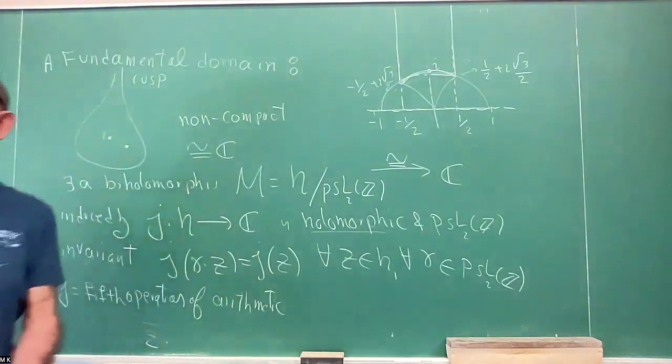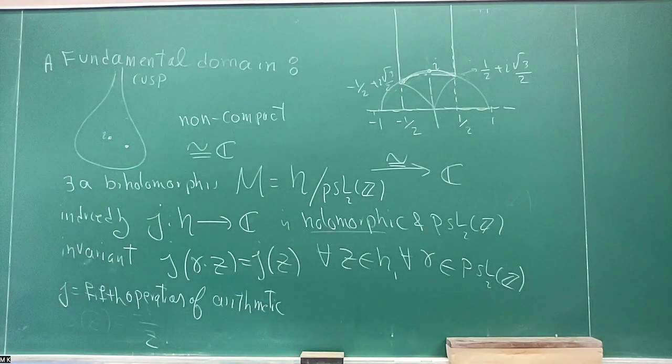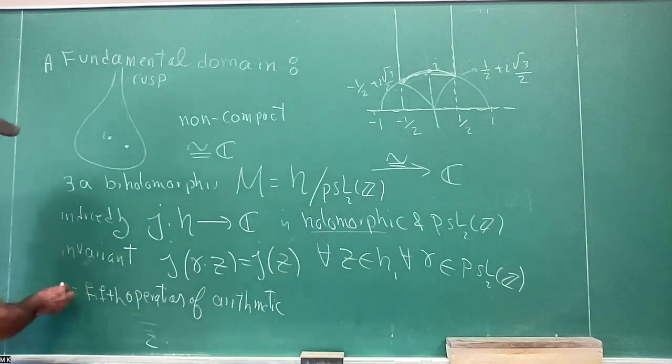The other four are addition, subtraction, multiplication, and division. That's what we learn in elementary school. So J, unfortunately, we have to wait for a little more adult age to be told what it is. So this is what the classics told us: J is the fifth operation of arithmetic.